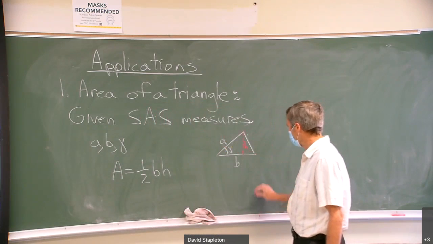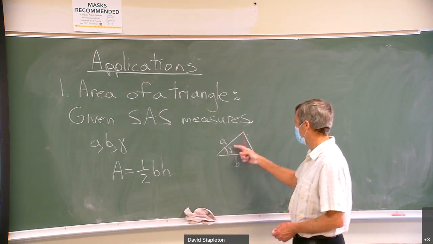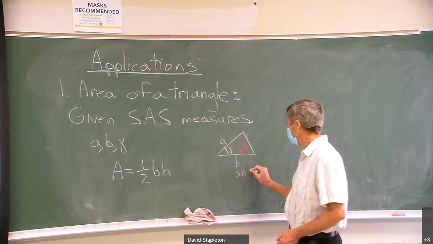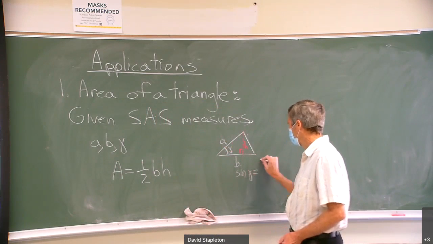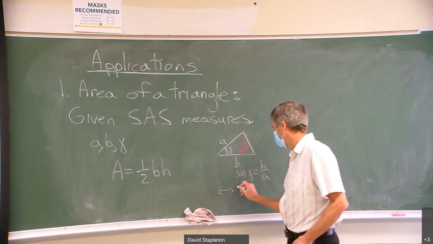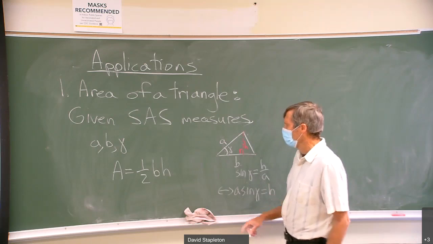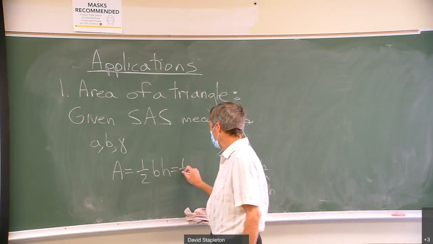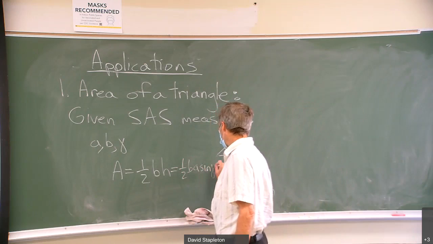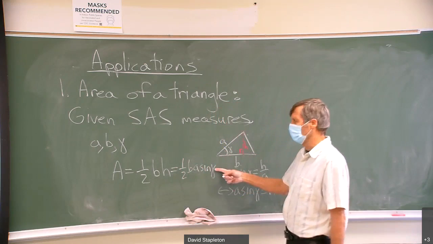On this triangle here, a right triangle, we notice that the sine of the angle is h over a, opposite over hypotenuse, right? Which multiplied through by a becomes equivalently a times sine gamma is the height. So here I'll take 1/2 base times a sine gamma. And what I've done is I've taken this method of dropping the perpendicular and got a short formula for it.